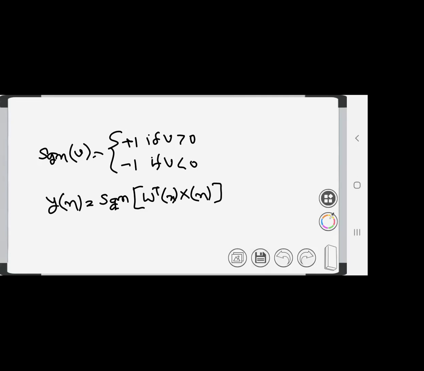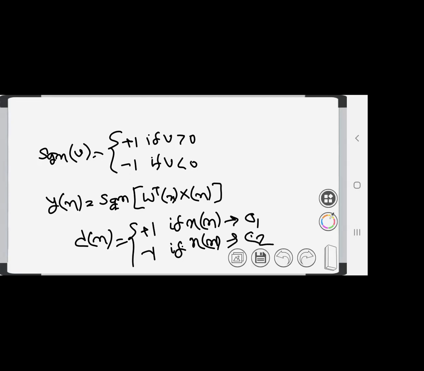One other important point is that we introduce a quantized desired response dn, which is plus 1 if xn belongs to class c1, and minus 1 if xn belongs to class c2.